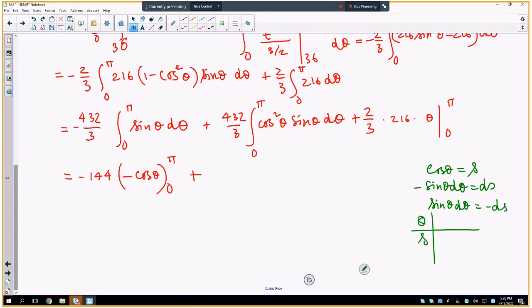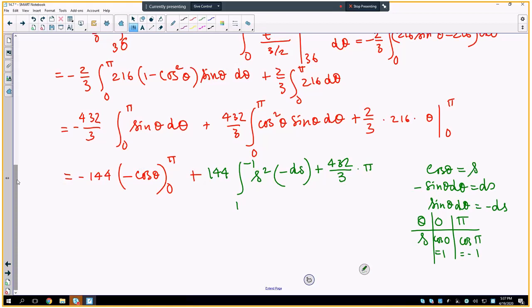Theta is 0 or pi, so you get cosine of 0, which is 1, or you get cosine of pi, which is negative 1. So what this integration has become, it's plus 144, integration 1 to negative 1, cosine square theta is going to be s squared, sine theta d theta is minus ds, plus this one you get 432 again over 3, and theta is just pi.